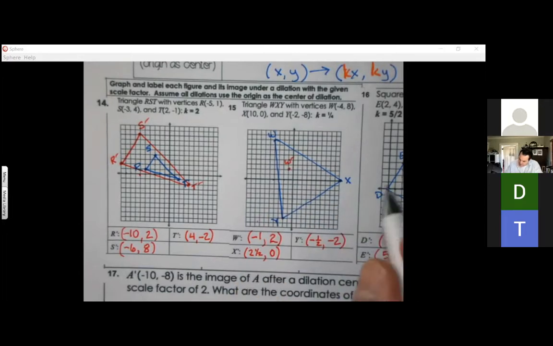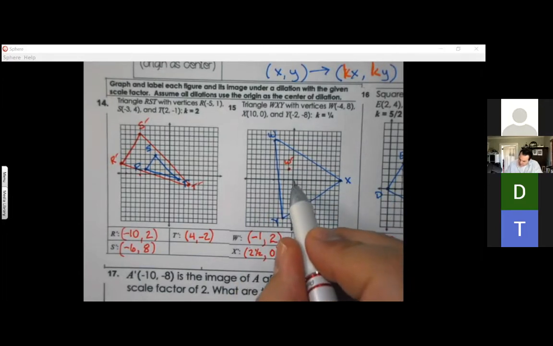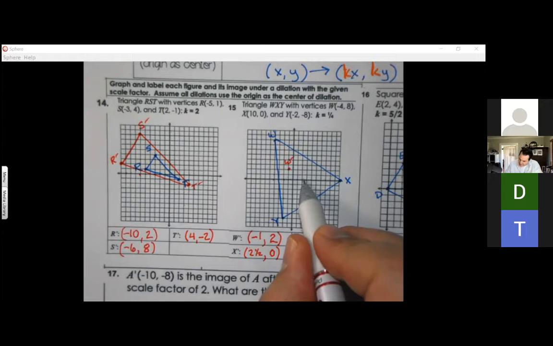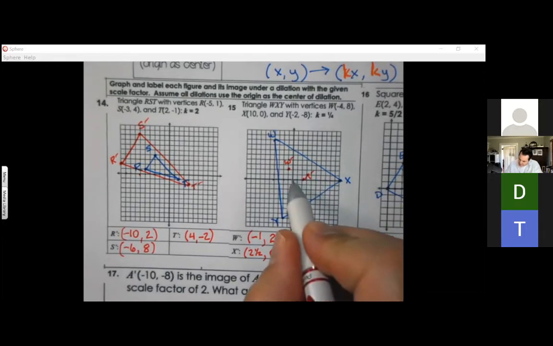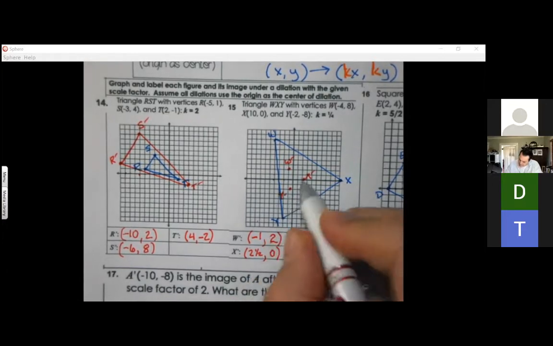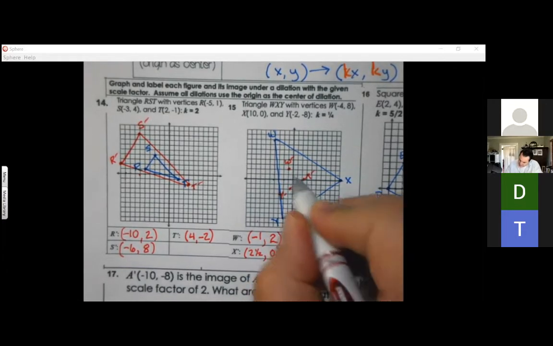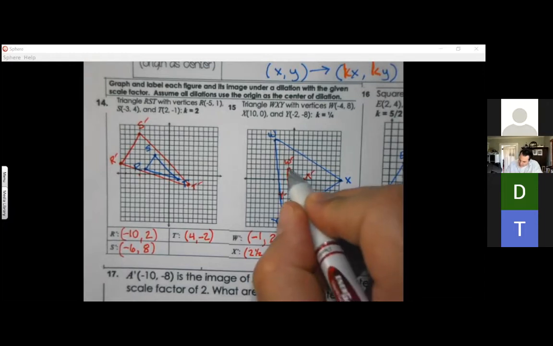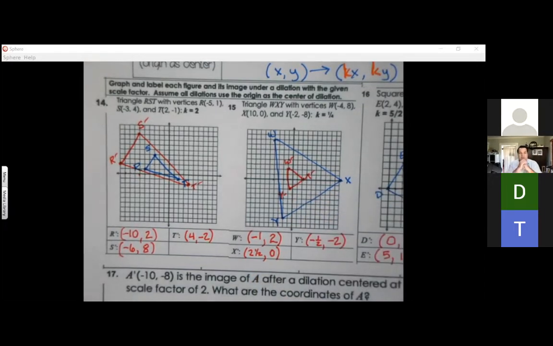W prime. 2.5 over, and then sitting right there, so that's X prime, and then negative 1/2 and negative 2 right there, and that's going to be Y prime. And not surprisingly, this one's smaller. With a scale factor of 1/4, that should be a reduction.